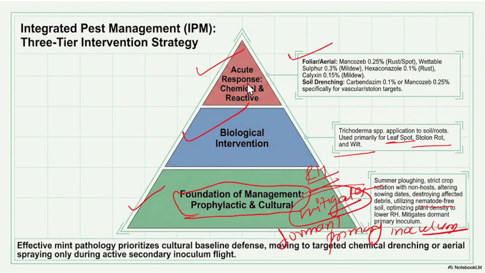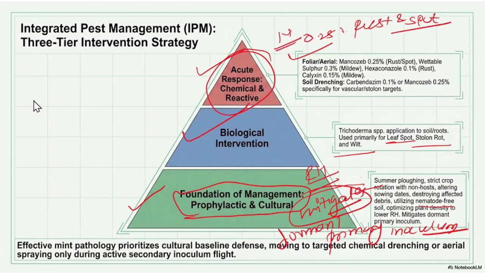Then foliar, if the problem is acute or increases, then you need to control it with mancozeb at 0.25%. This is beneficial for rust and leaf spot.